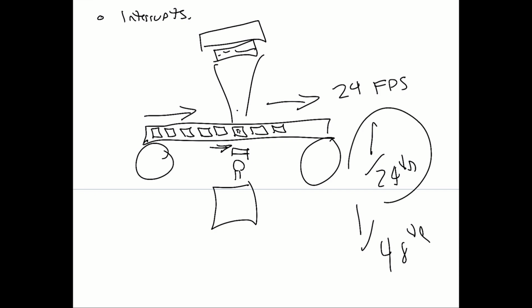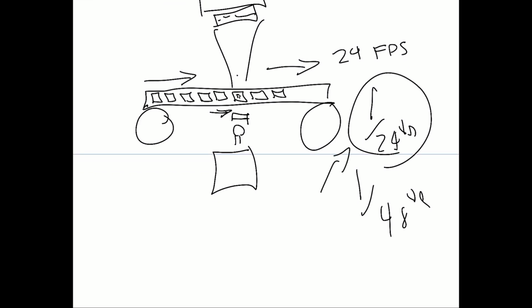So really, even though there's 24 frames, it can't just be every 1/24th, because the process is: a picture needs to actually move to the spot, stop, have the light shine, then close the shutter, then move to the next picture, then turn the shutter on. So the shutter is actually moving at 1/48th of a second, which is done with a little wheel that is spinning, which is why you get rolling shutter effect when you're taking a video. But that's beside the point.